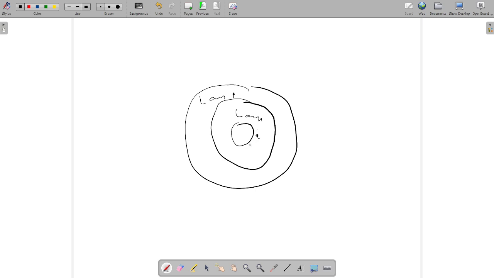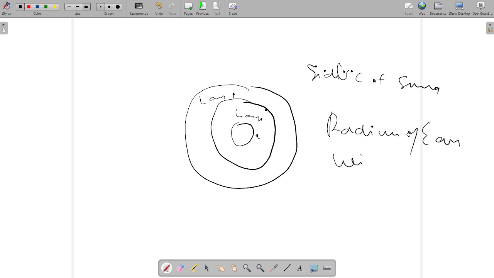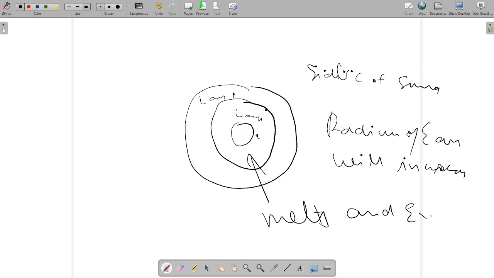So when layer 2 melts, it expands. और उस कारण से जब ये expand होगा, तो the upper layers, which consist of sialic plus sema layers, they will stretch and the radius of the earth will increase, because it melts and then it expands, layer 2. So the upper layer stretches out and the radius of the earth increases.